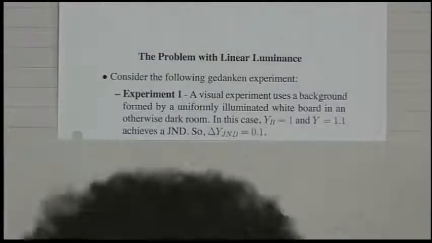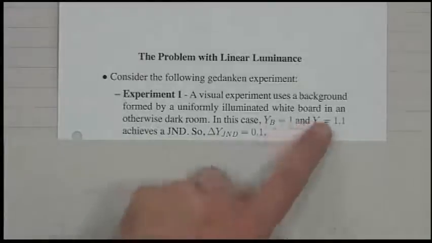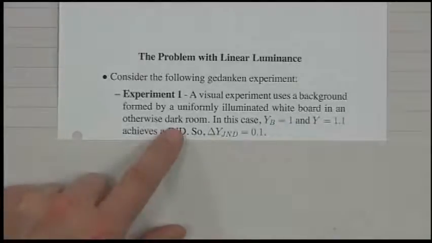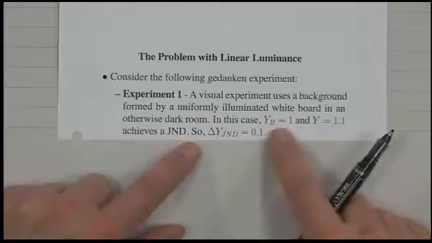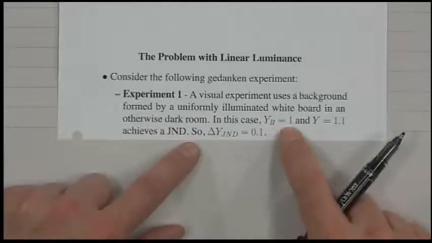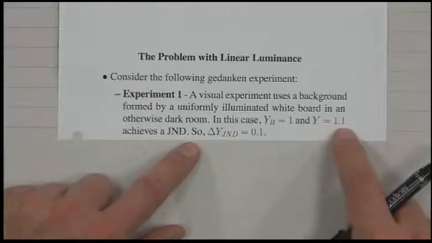Okay, so you have a uniformly illuminated white board in an otherwise dark room, okay? The background, there's some kind of units here. So the background is 1, and y is 1.1, whatever it is, in some kind of units.